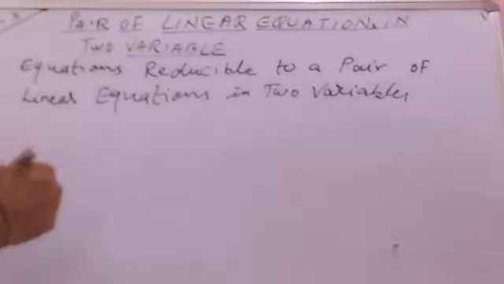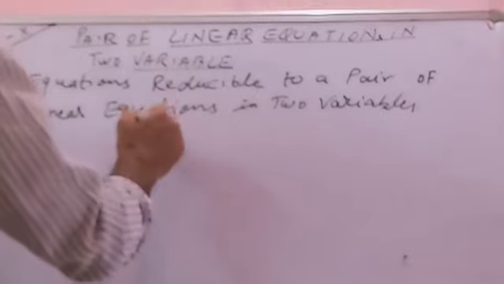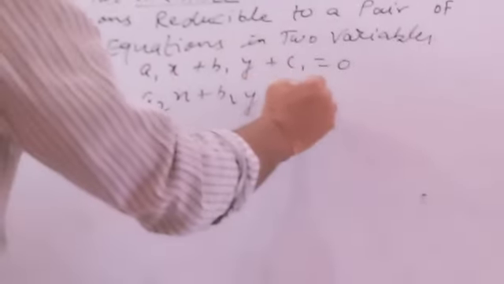Again and again I am telling you, I will remind you: a1x plus b1y plus c1 is equal to 0, and a2x plus b2y plus c2 is equal to 0.